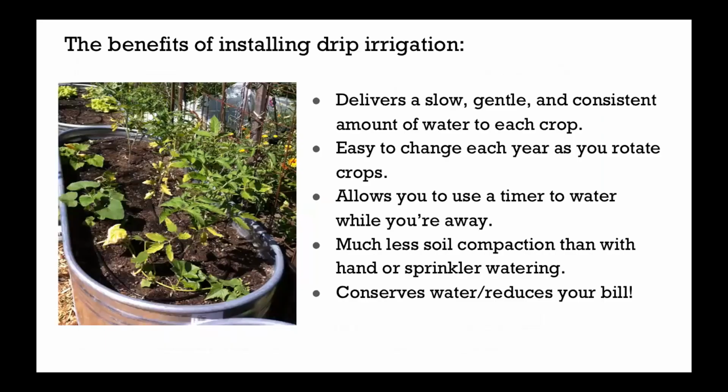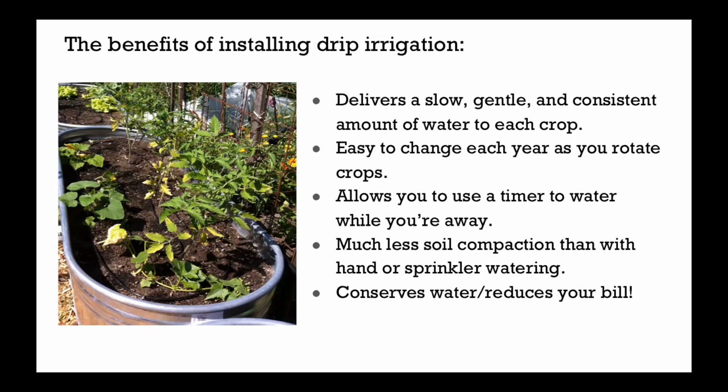I love drip irrigation for food gardens. It really delivers the water in a great way, and it makes it easy to change each year as you rotate crops, and you don't worry about washing the pollen out of your flowering crops like tomatoes, eggplants, peppers, and squash.